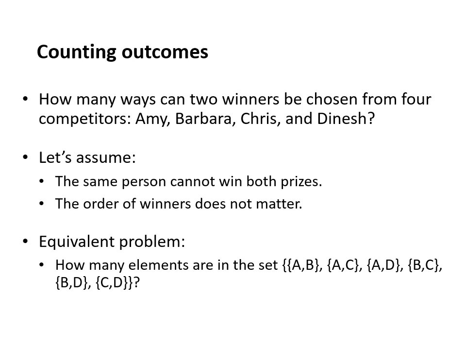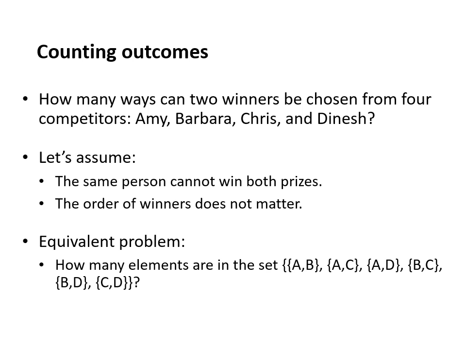So for our first counting problem, we want to count how many ways can two winners be chosen from 4 competitors: Amy, Barbara, Chris, and Dinesh. Let's assume, to start with, that the same person cannot win both prizes and that the order of winners does not matter.